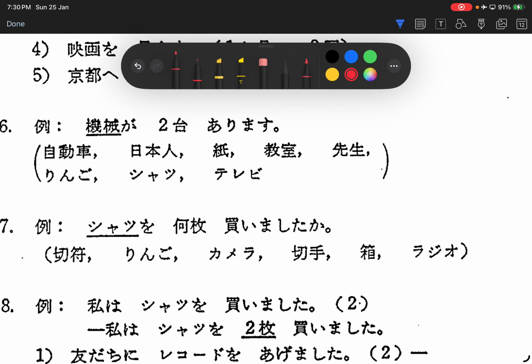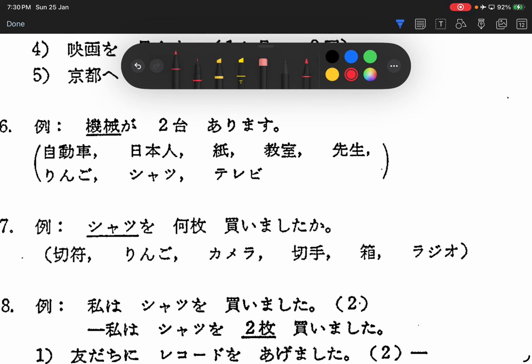Next カメラ. 何台ありますか? Okay. 切手. Stamp. 何枚買いますか? Very good.